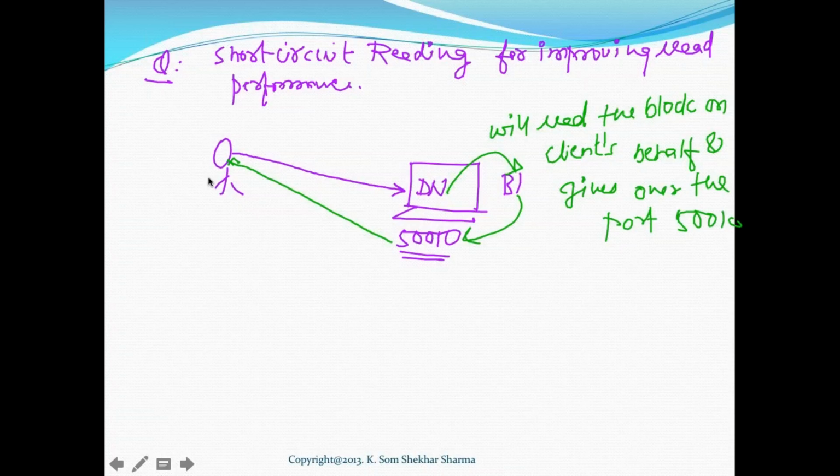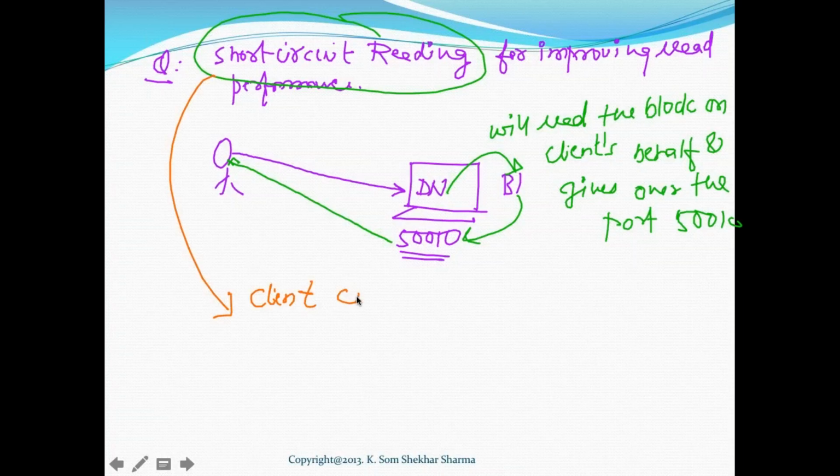This is what happens. Short circuit reading means that the client can directly read B1 by bypassing the data node.